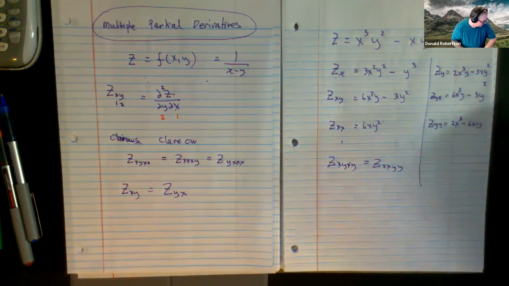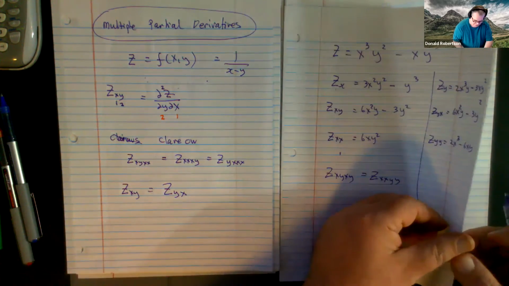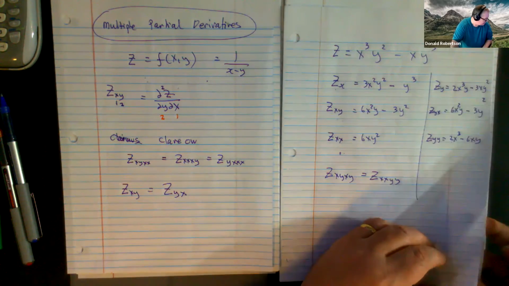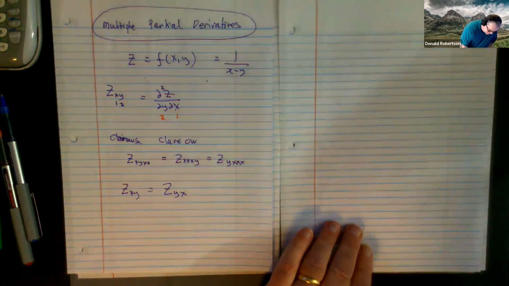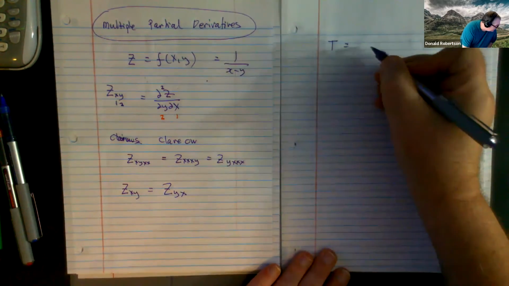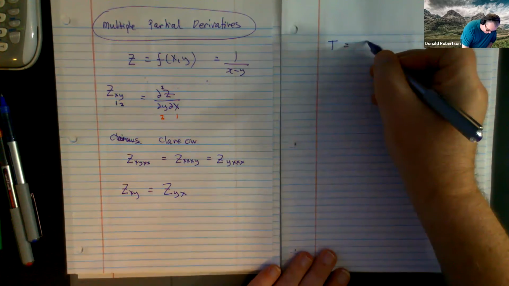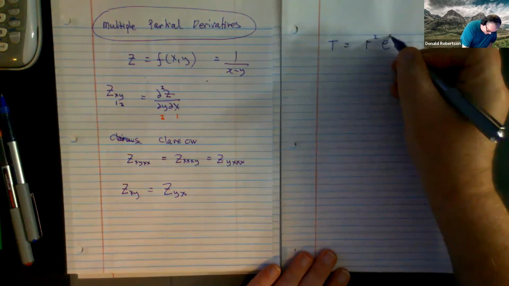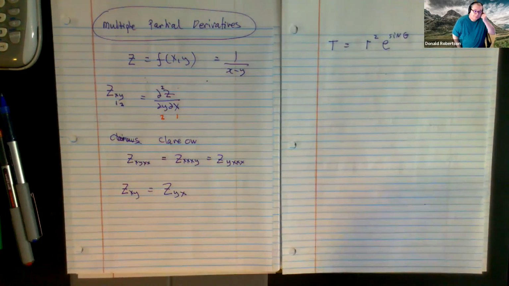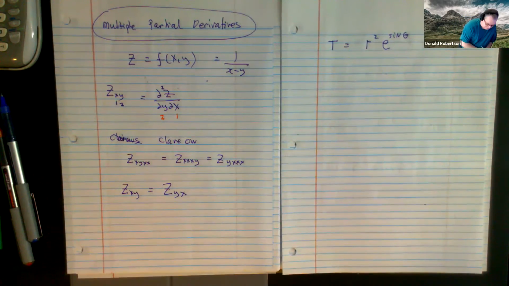Let's do a second derivative with some trig in it. Let's do a t, and it's going to be r squared over e to the sine theta, right? Not a lot of trig in it, but some trig.